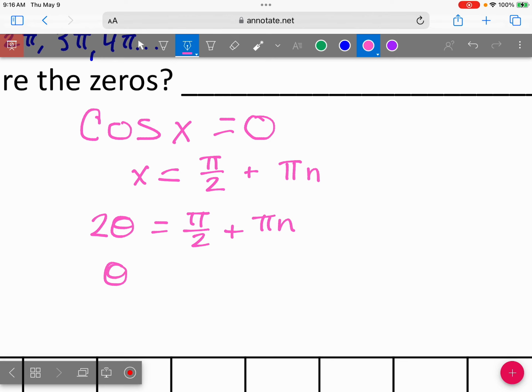So our thetas are going to be pi over 4 plus pi over 2 each time.